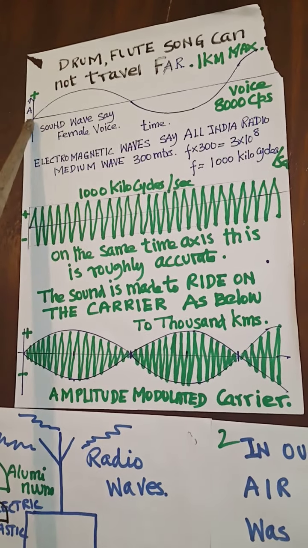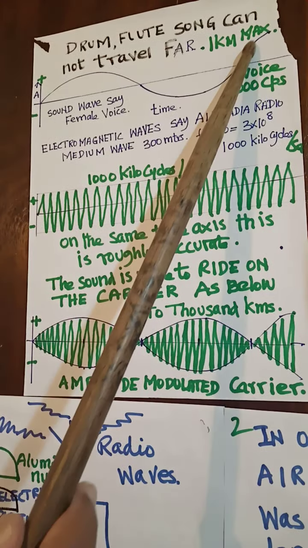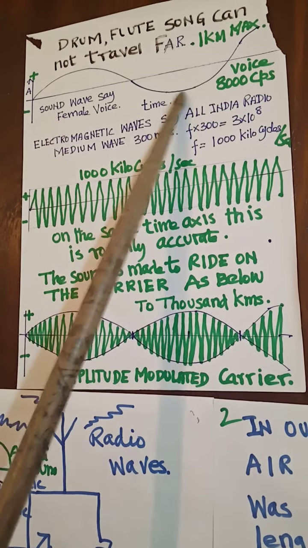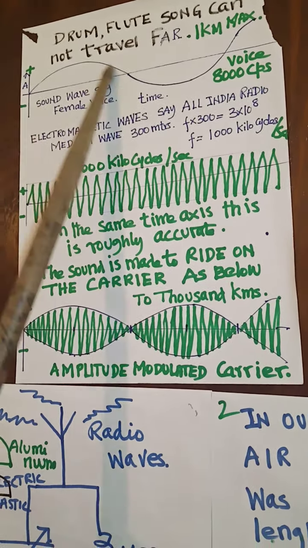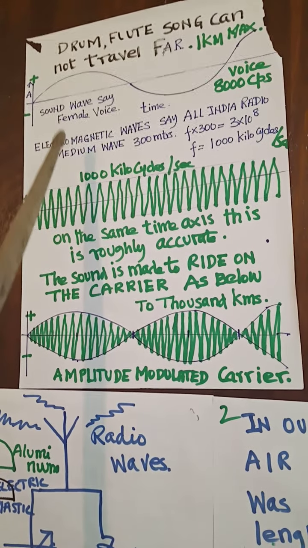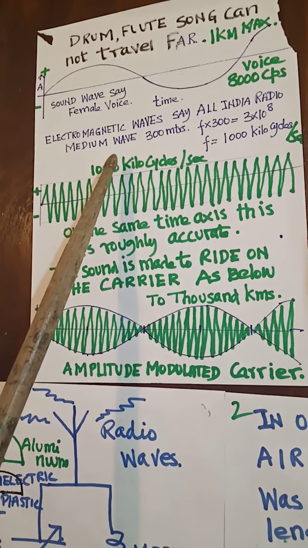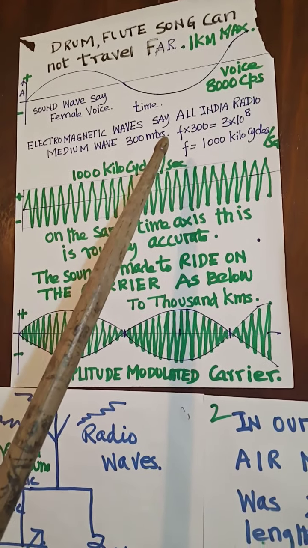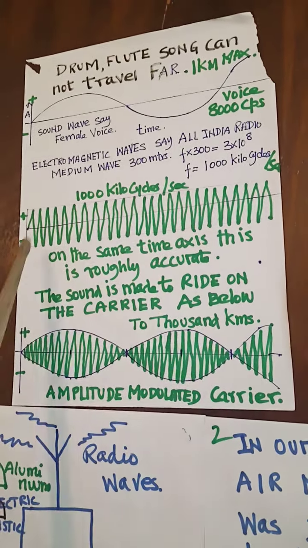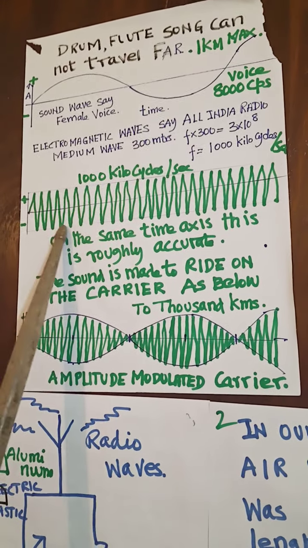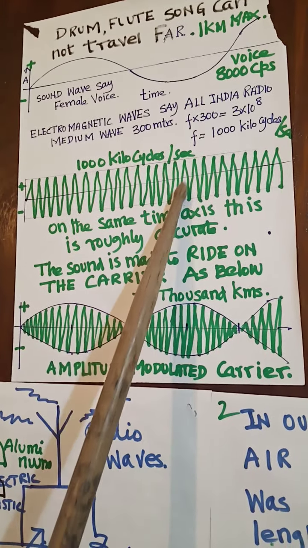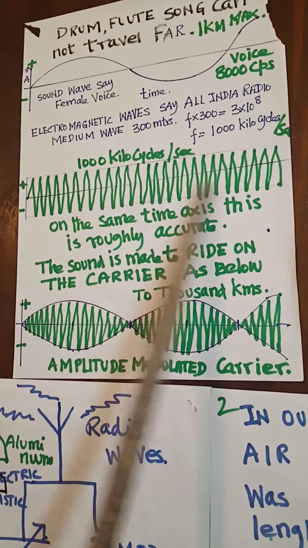So this is the sound wave, this is the time, this is the amplitude. So it needs to be riding on electromagnetic waves which have very, very high frequency. These are known as electromagnetic waves and they are called carrier frequency.